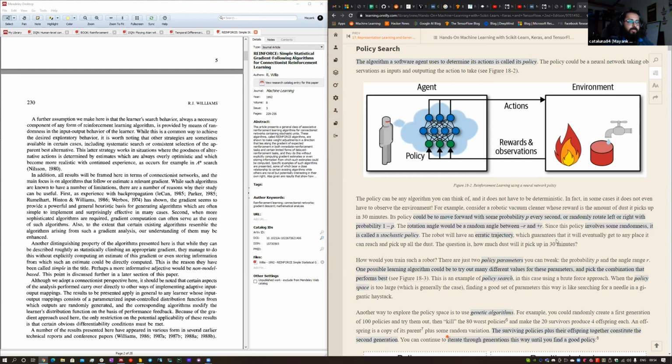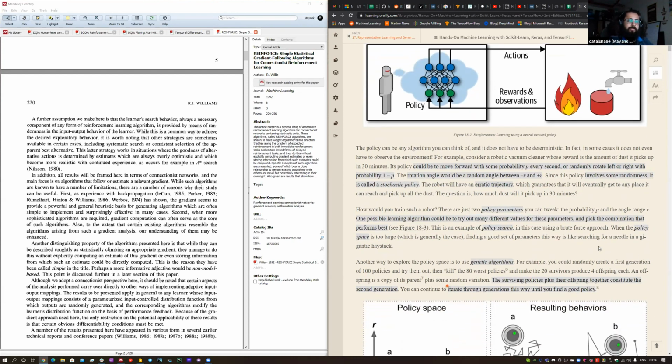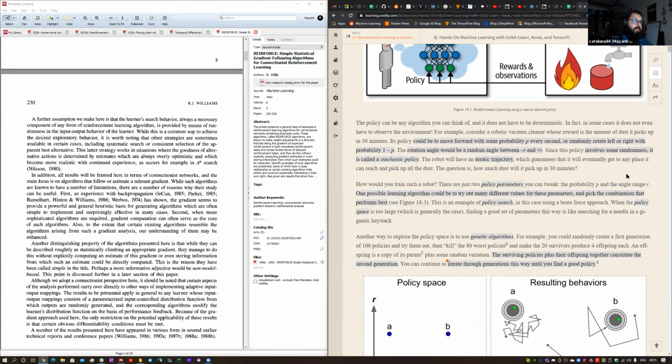So there are two parameters here, P and R. R is the random angle the robot will rotate when looking for a space to go to. This also involves some randomness because noise is inserted, and this may be called a stochastic policy. The problem they are trying to solve is how much dust it will pick up in 30 minutes.